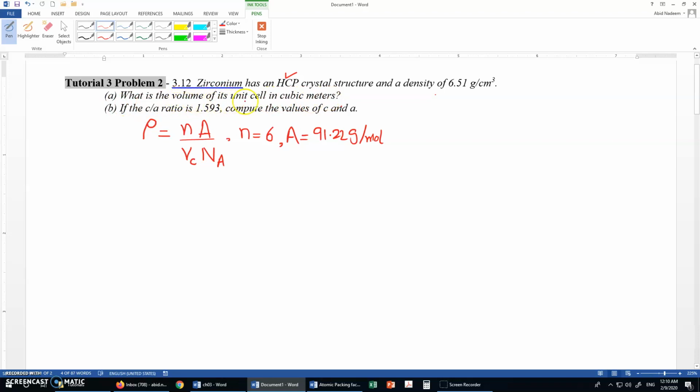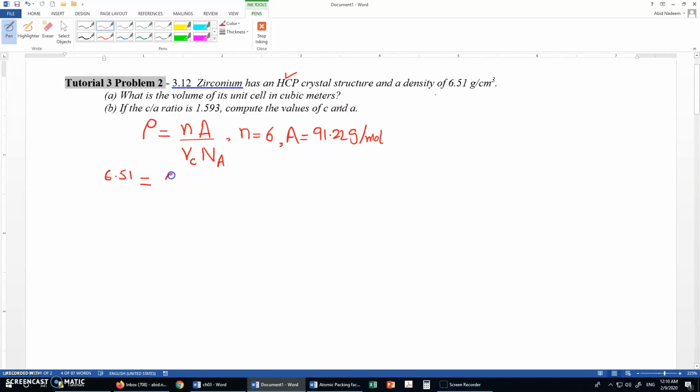So what is the volume of its unit cell? We already know Na, so we can input the values. Rho is 6.51 gram per cubic centimeter. Remember about the units, we are using cubic centimeter here.